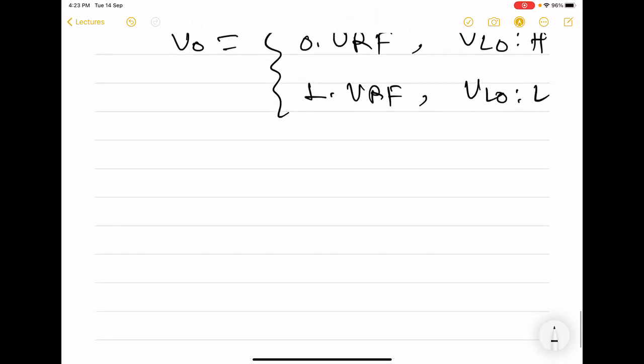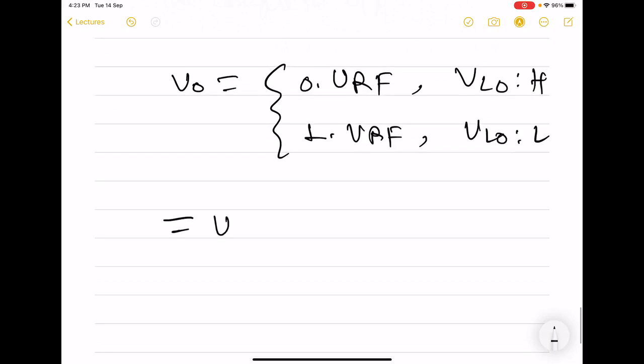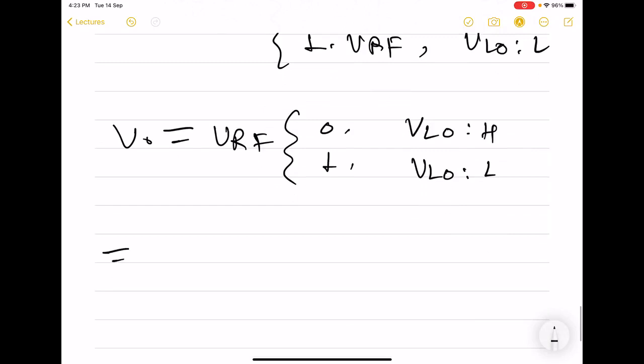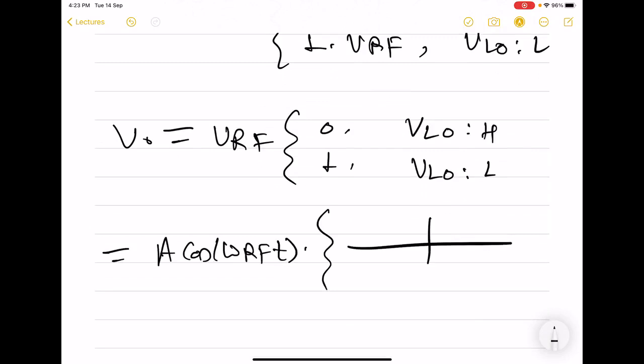So here also we see that the output is basically getting multiplied by a square wave between 0 and 1. And VRF is A cos omega RF t, and this square wave is between 0 and 1.